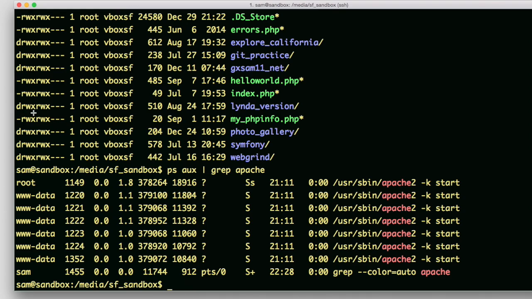These ones are the user, these ones are the group, and these ones are for other. Read, write, execute for the owner, read, write, execute for the group, which is VBox, and no permissions for others. So the R, the W, the X. This is one way to represent the permissions on a file.